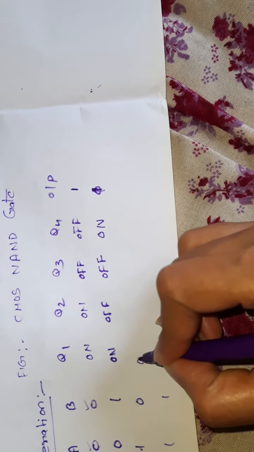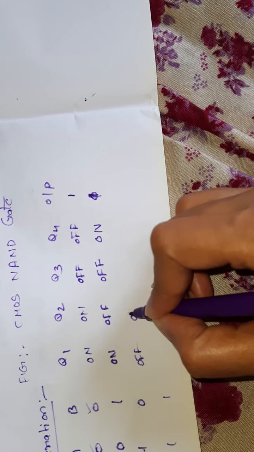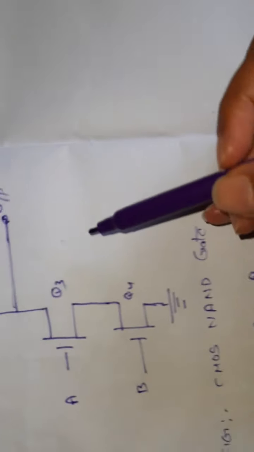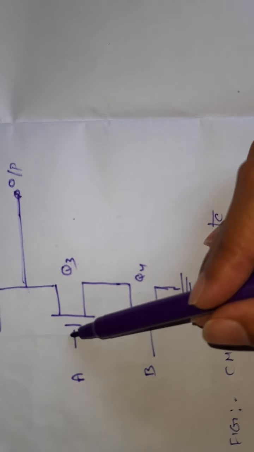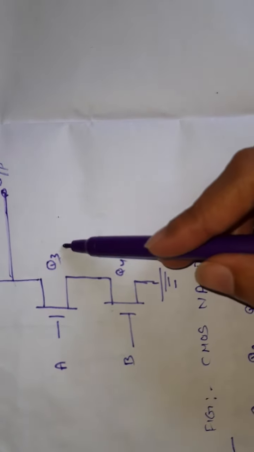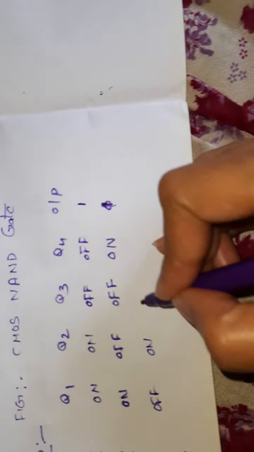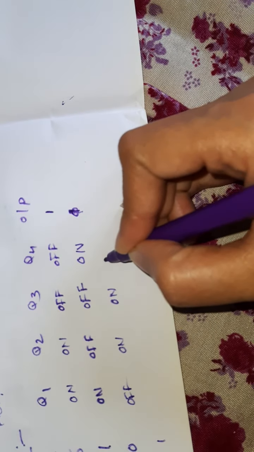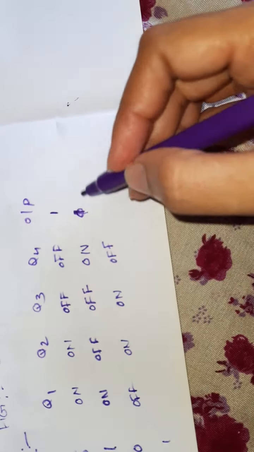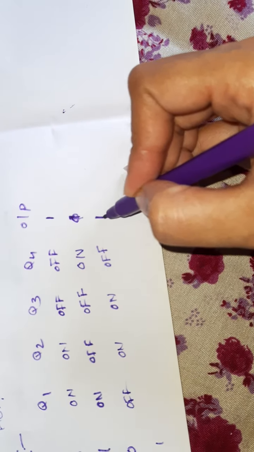So see here, this is off and Q2 transistor is on. Next see Q3. Q3 we are applying the input voltage 1. 1 means this is on and this is off. So here also the output is going to be 1 only.